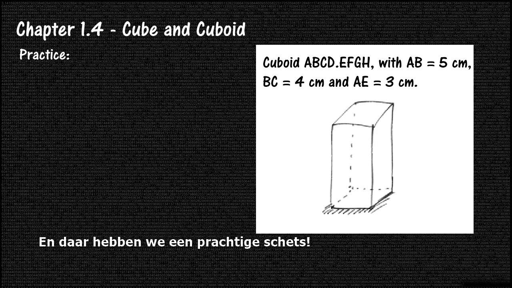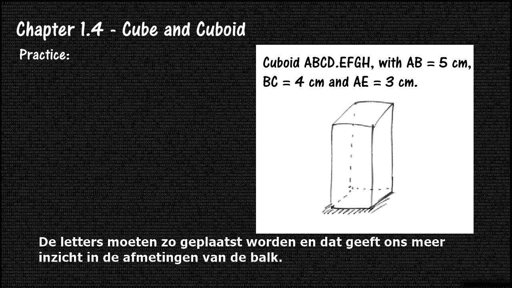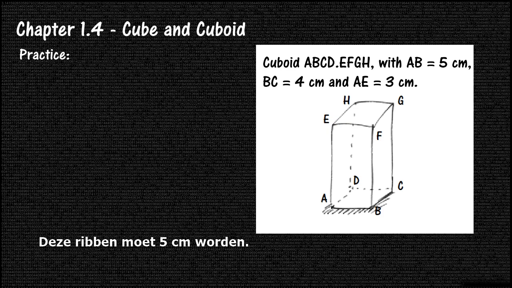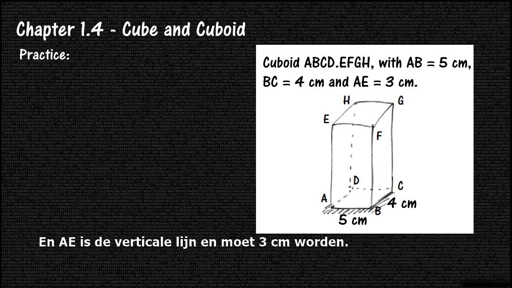There you have it, a beautiful sketch. The letters should be placed like this, and that should give us more insight into the dimensions of this cuboid. This edge should be 5 centimeters, BC is over here and should be 4 centimeters, and AE is this vertical line and should be 3 centimeters.